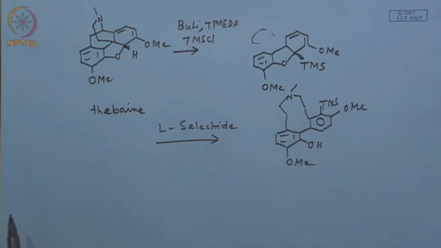It is a selective reducing agent, the name tells you, and L stands for lithium, and all the selectrides are boron hydrides. It is easy to remember, you just take a trialkyl borane and lithium hydride together.